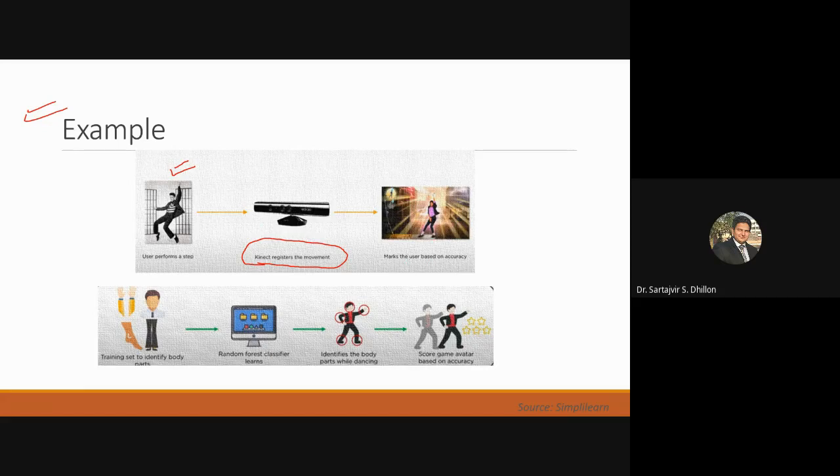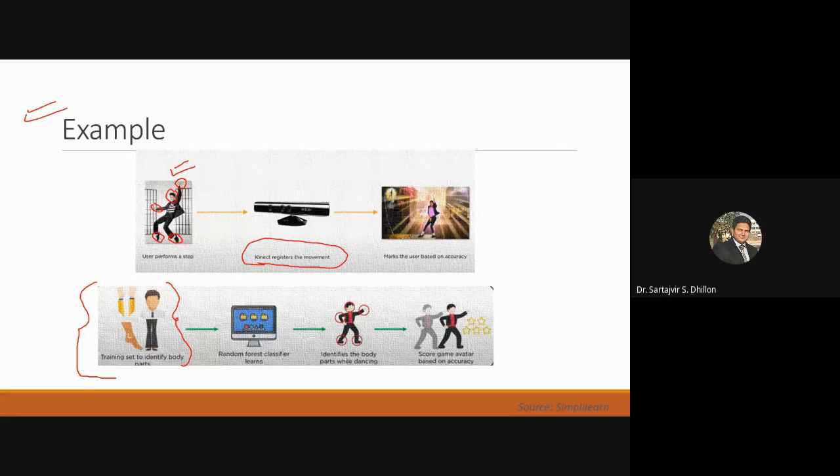And this game, maybe you have played, or maybe you have not, but you are aware of what kind of game it is and how it works. Basically, there are training sets to identify the body parts. These training sets are given to the random forest classifier so that it can identify what are the hands, where are your shoes, and where is your face.